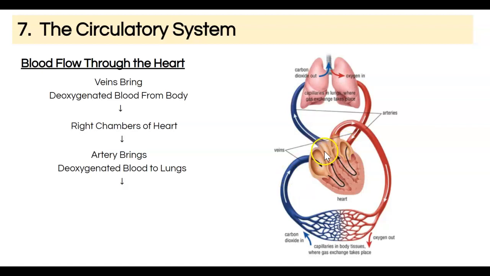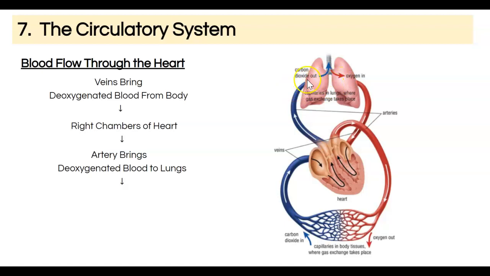So you have an artery, remember artery away, that is bringing deoxygenated blood to the lungs. So this is a case where your blood in your artery is not actually oxygenated. Okay, it's going to bring it to the lungs. So your respiratory system, which we're going to talk about in another lesson, is going to allow oxygen to enter the bloodstream.